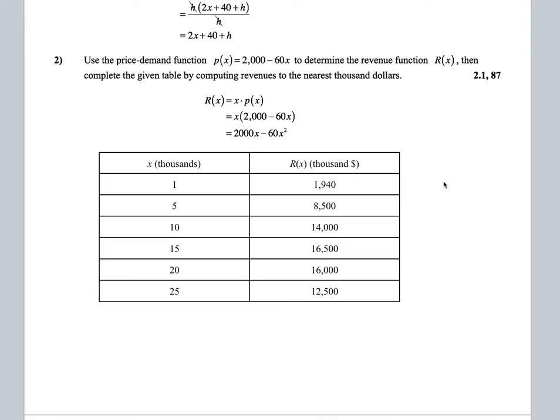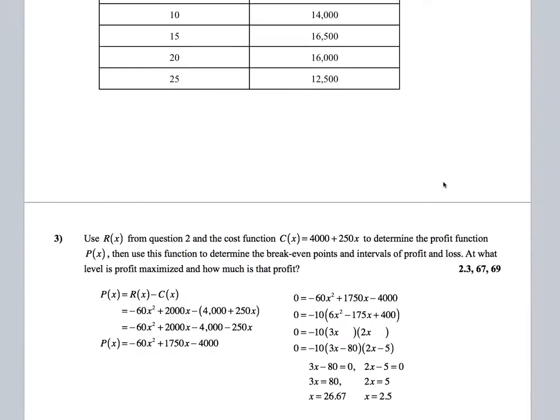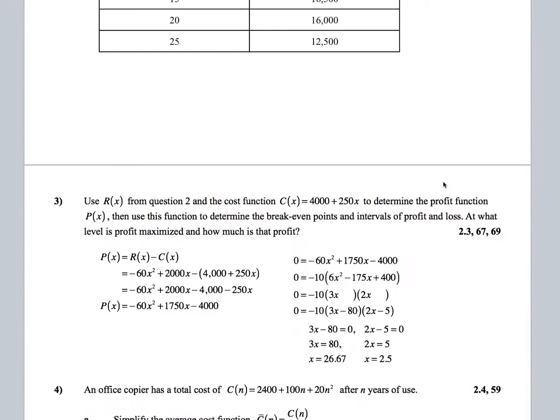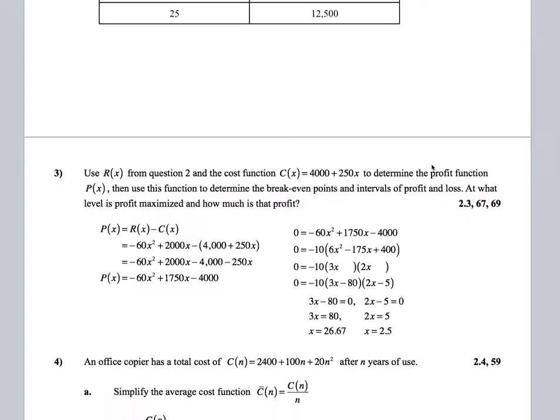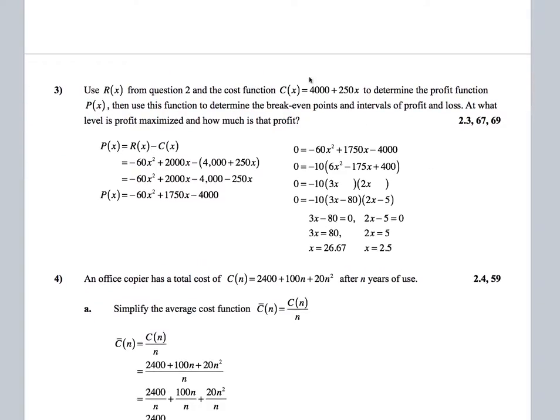So that's all that's required of this question. Now we move on to question 3, which uses our answer from question 2. And so using that revenue and the cost function 4,000 plus 250x, we're asked to determine the profit function.